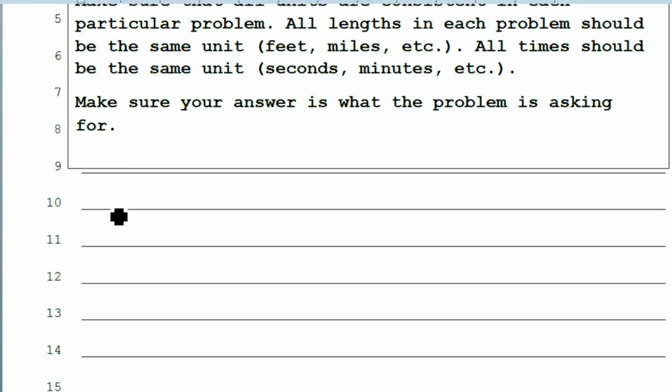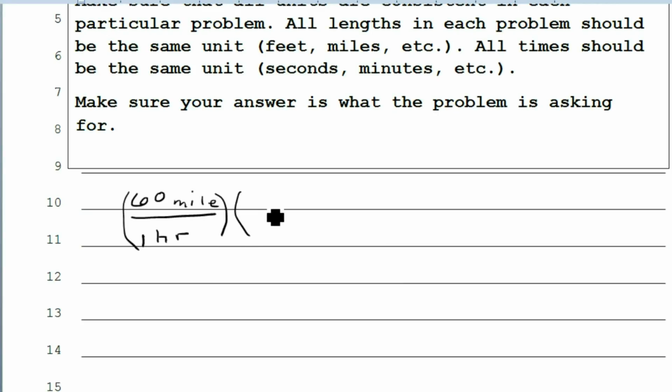Just as a little exercise in converting units, let's find out what 60 miles per 1 hour is in feet per second. And we use the usual labeling method. We want to get rid of hours.